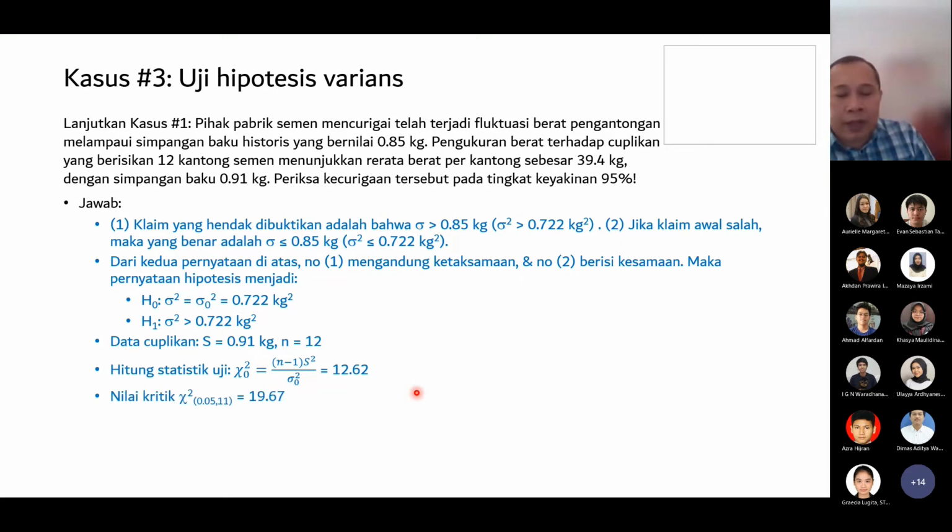All you have to do is to find the critical value, and if we depict this graphically, then we will obtain that graph on the right-hand side here. Okay, the probability is 0.05. This is a one-sided test, and the critical value is 19.68. Okay, this is the critical value.